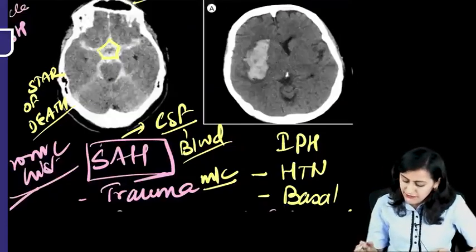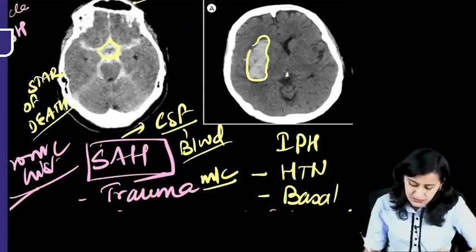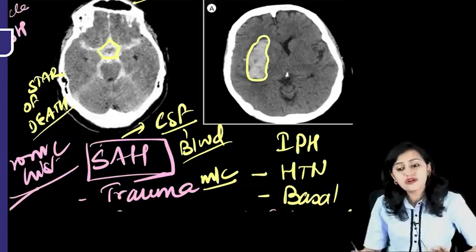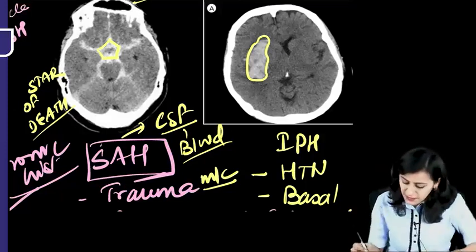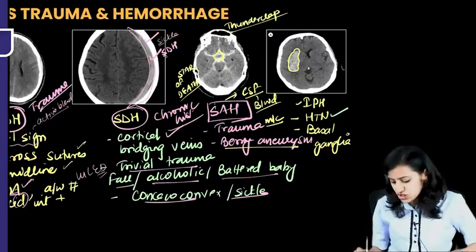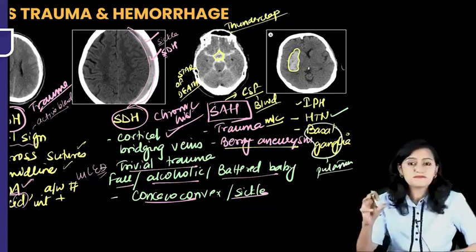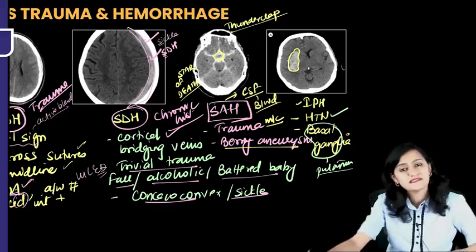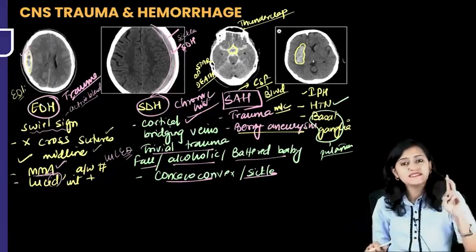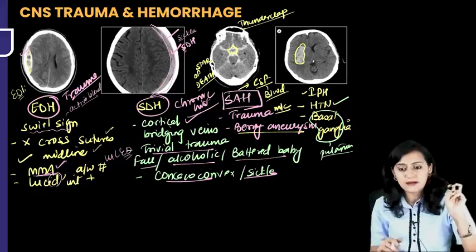Next one, what we have here is this intraparenchymal hemorrhage, within the parenchyma. For intraparenchymal hemorrhage, the most common cause is hypertension. The most common site is the putamen, so for a putaminal bleed, we should think of hypertensive bleed. For acute hemorrhage, non-contrast CT; for chronic hemorrhage, SWI MRI.